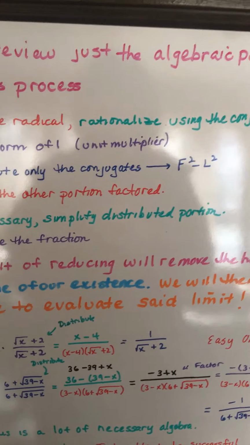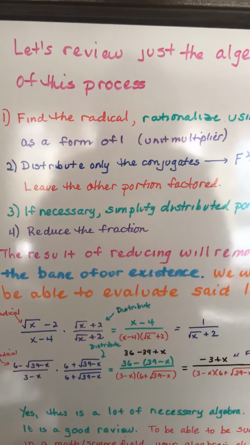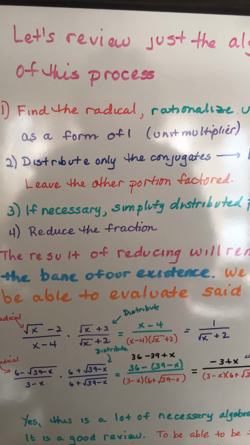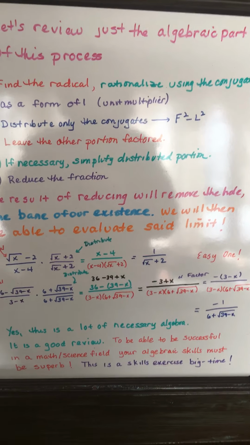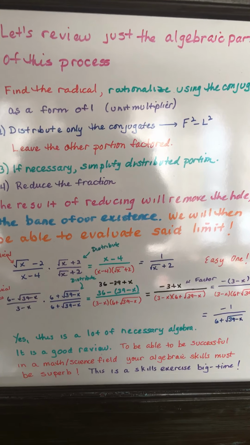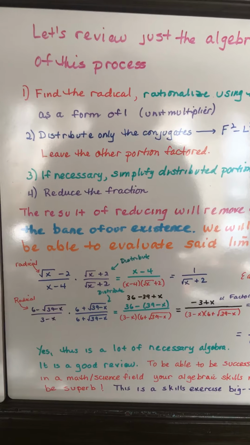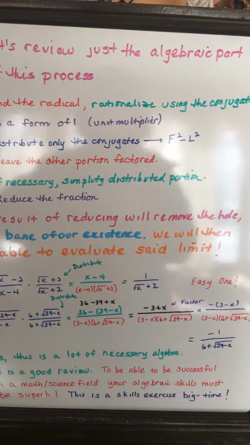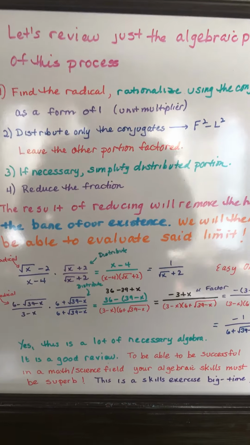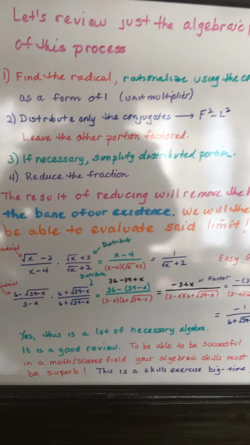If necessary, the distributed portion you will simplify, and then you'll reduce the fraction. The result of reducing the fraction will reduce the whole, which is the bane of our existence and why we're 0 over 0 to begin with. We will then be able to evaluate the said limit.